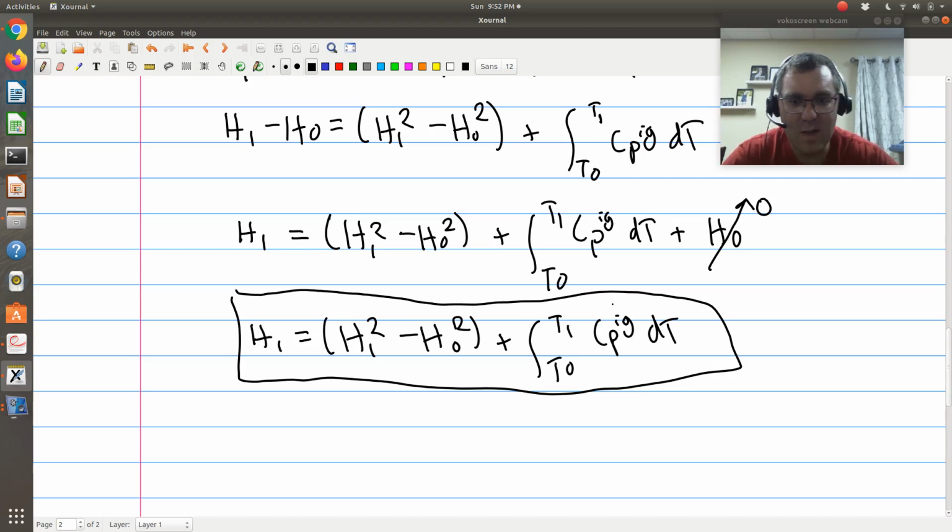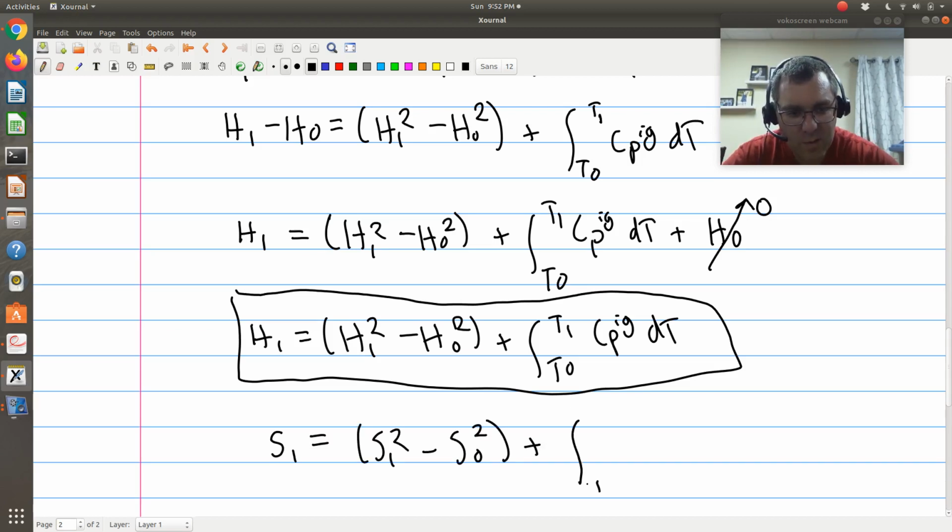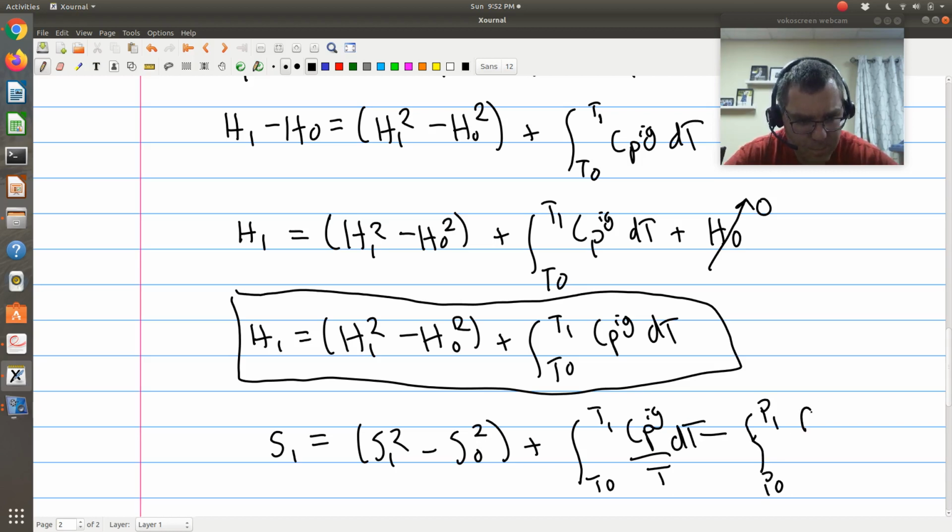Okay, that's it. And if I wanted to do the same thing for entropy, it's going to be exactly the same. S1 would be S1R minus S0R, plus, now where things differ is, remember, this is the integral from T naught to T1 of Cp ideal gas over T dT, minus the integral from P naught to P1 of R over P dP.